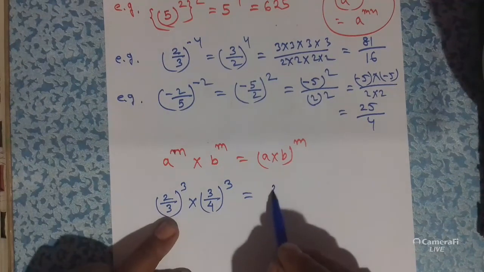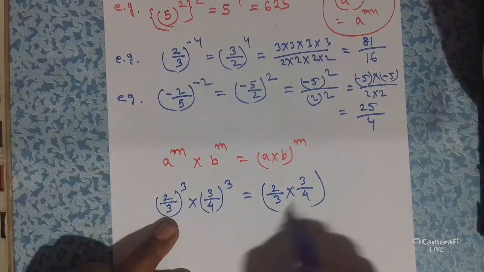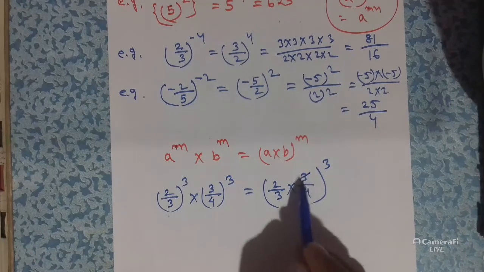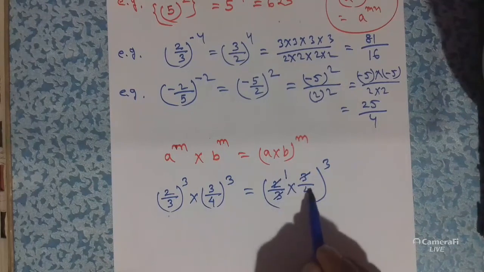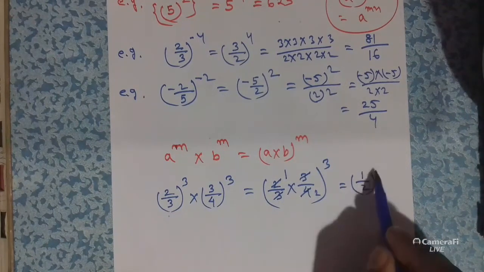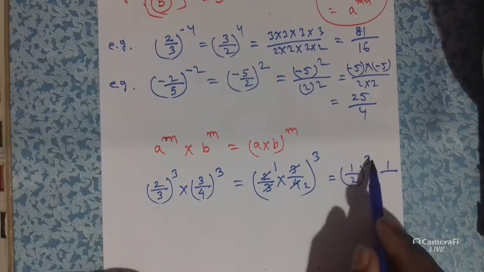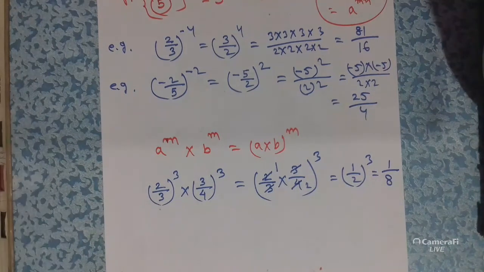So we can write it like this: (2/3 multiply 3/4) whole to the power 3. Now calculate it. 3 and 3 cancel, and 2 and 4 can be divided by 2. So 2 divided by 2 is 1 and 4 divided by 2 is 2. So it will be (1/2) cubed. 1 to the power 3 means 1, and 2 to the power 3 means 8. So 1/8 is the correct answer.